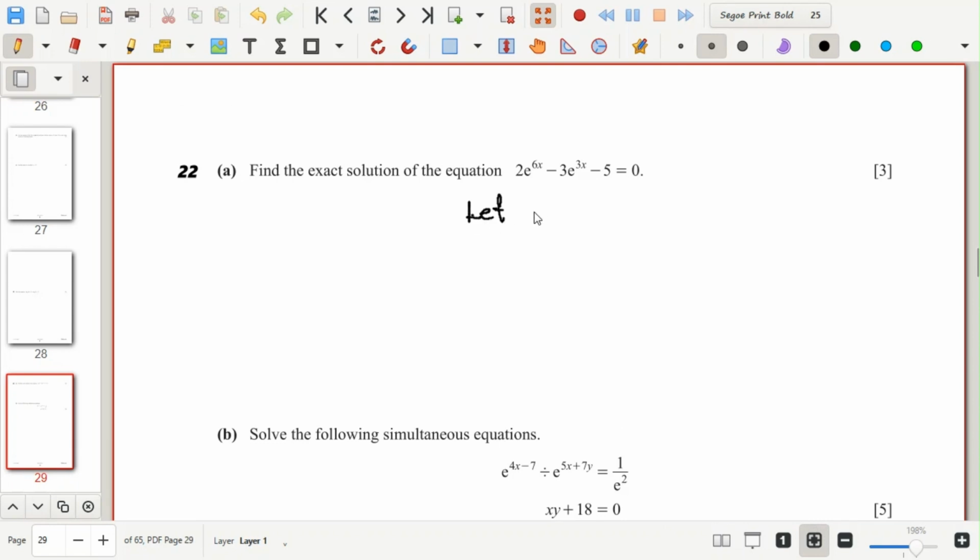Let e to the power 3x be y. So now the expression here can be written as this.